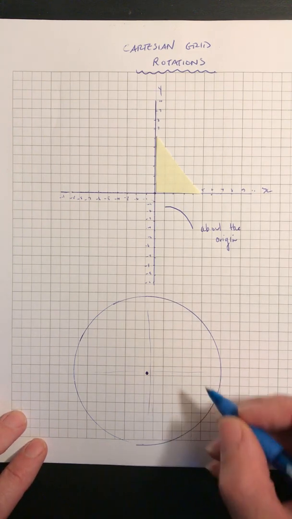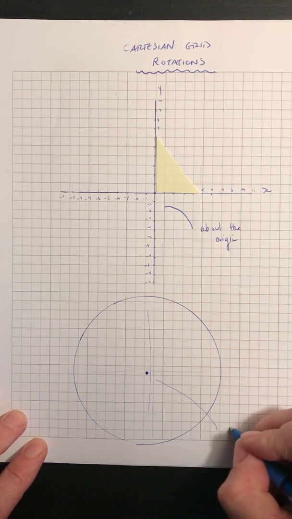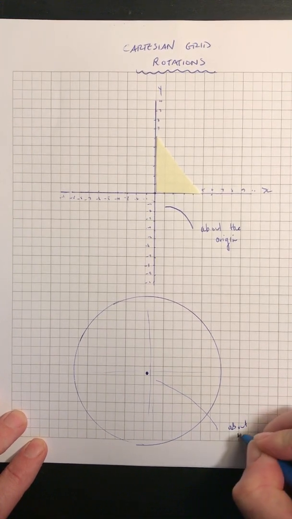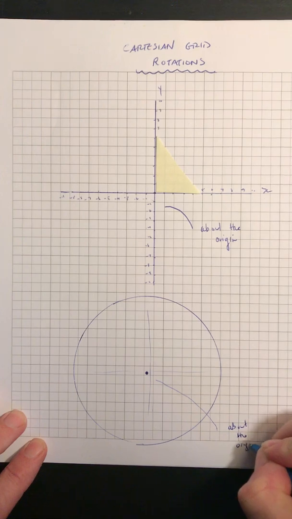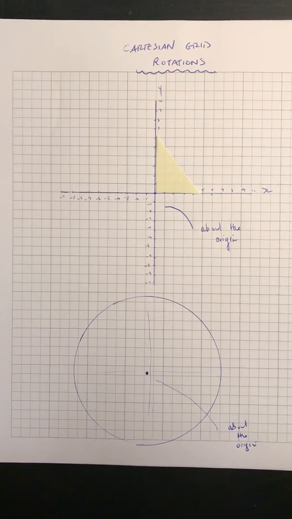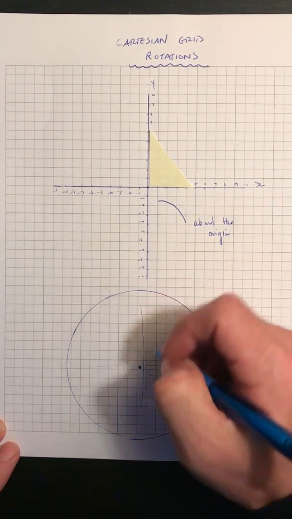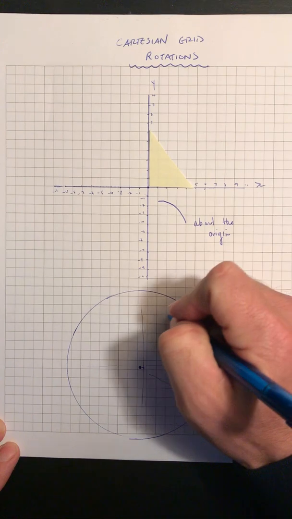So if we think about here, this is about the origin. Now we want to think about the ways in which we can move and rotate shapes.